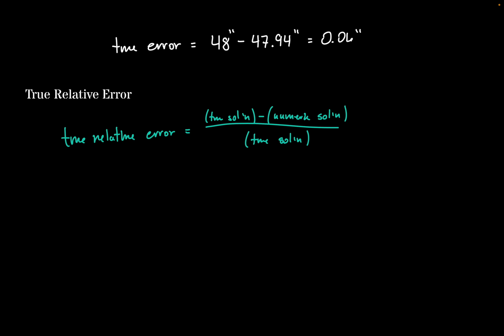So this will actually give us some sort of decimal number. And then building off of this, we can say that the percent error is equal to the true relative error times 100% to then put that into some sort of percentage value.